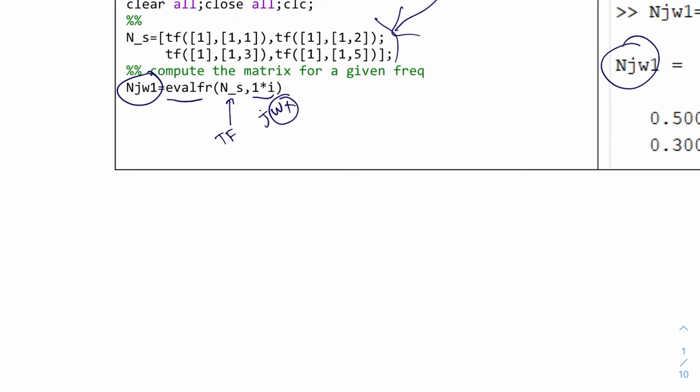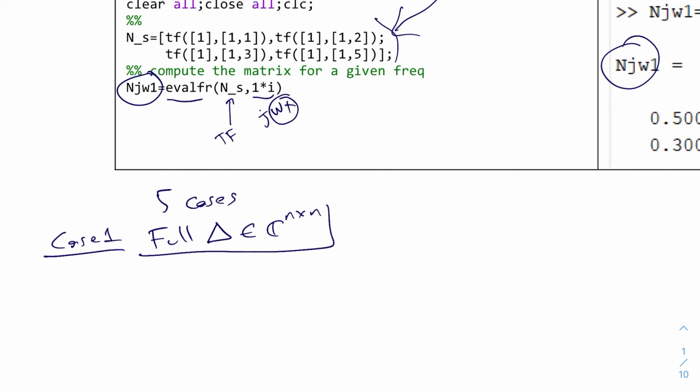Now we will look at 5 cases. Case 1, full delta, n by n. Case 2, delta, a small delta times identity, where small delta is a complex number.